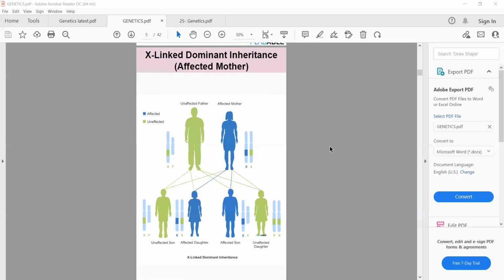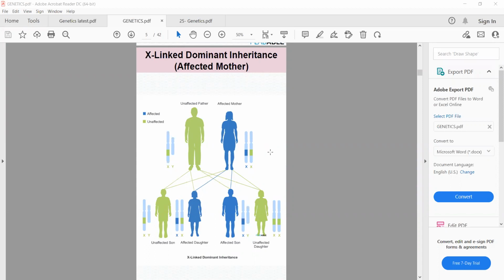And the mother will pass this X chromosome to her sons as well as to her daughters. So if there are two sons, then one will get the defective X chromosome and one will get the normal X chromosome.